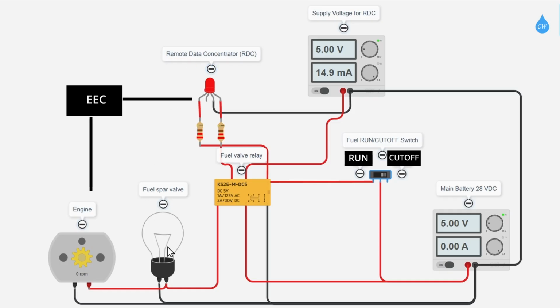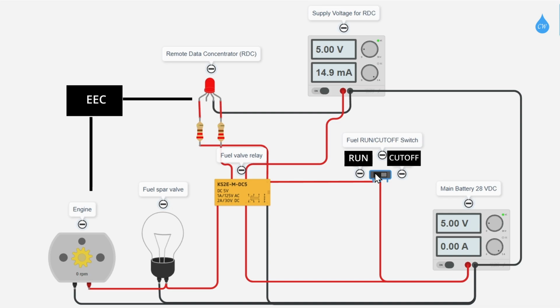That closes the fuel valve to the engine, and the engine shuts down through the EEC, the engine control unit. So this aircraft has its engine shut down because the switch was moved.